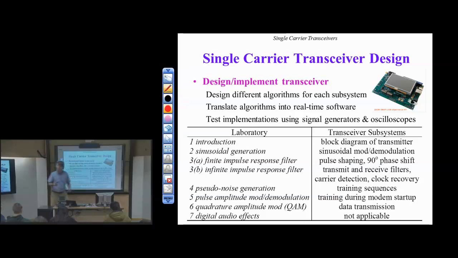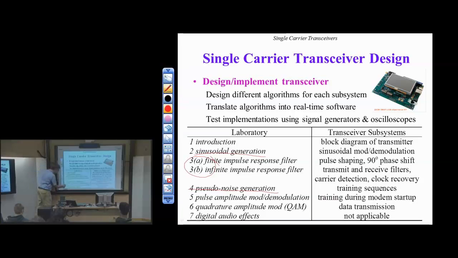Okay, in the minute that remains, this is the last slide for today. This is the laboratories that we'll do, and they all relate. The first labs are very basic building blocks of signal processing systems: generating sinusoids, filtering, and generating periodic structured noise. These are useful in all kinds of systems: audio, speech, video, image, biomedical instrumentation.